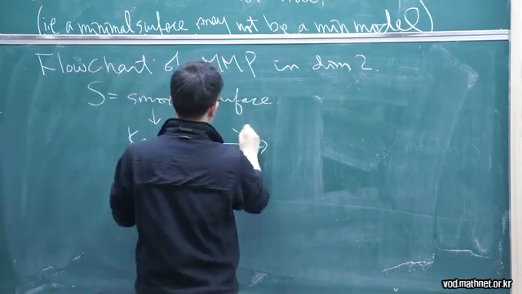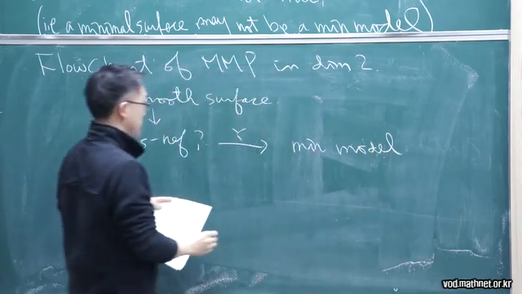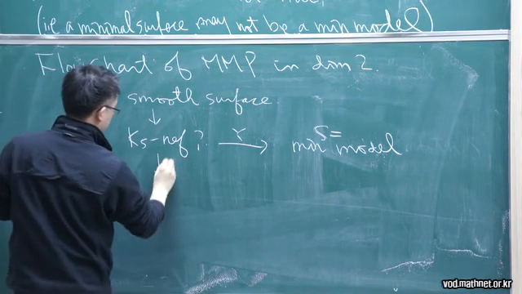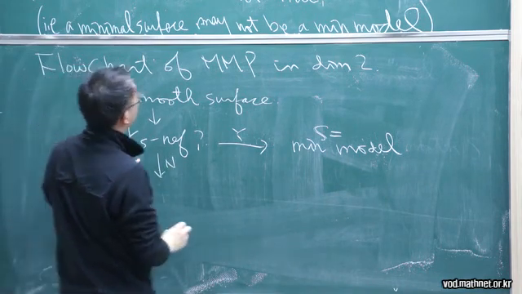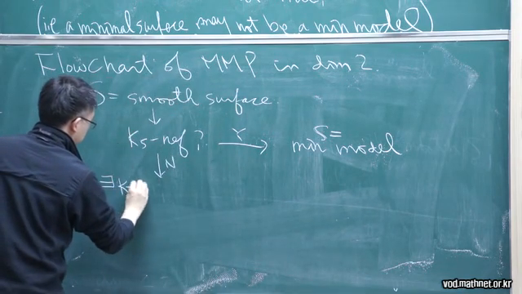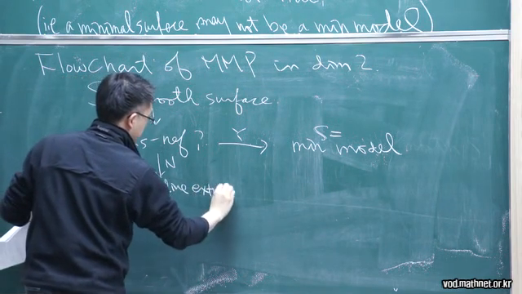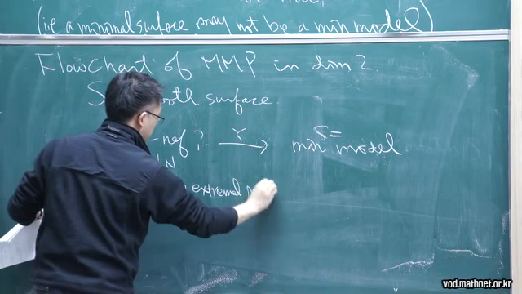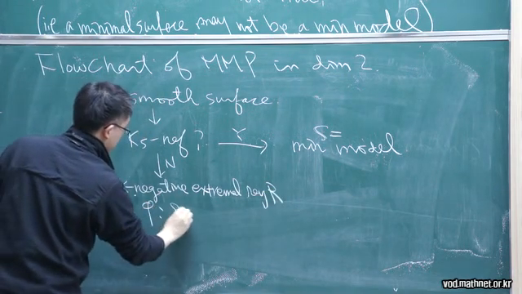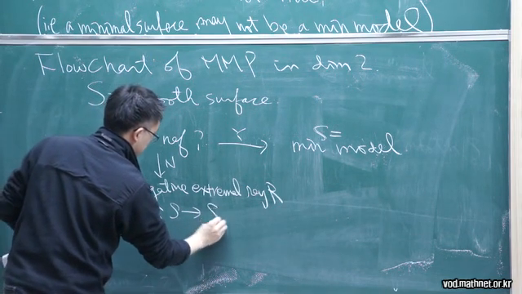If yes, you get a minimal model, S is a minimal model. And if not, you look for K-negative extremal rays. There exists a K-negative extremal ray R with the associated contraction from S to some, let's write S prime.